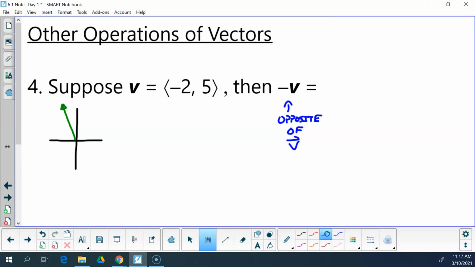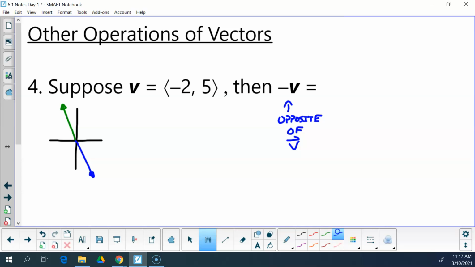The opposite of that is going to go in the opposite direction. So instead of it going up and to the left, the opposite of V is going to go down and to the right.